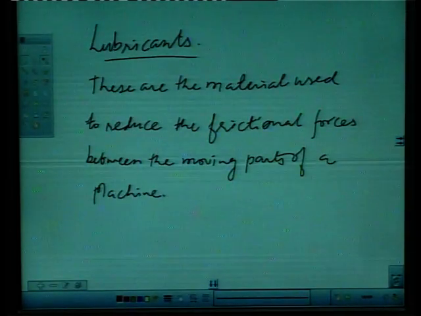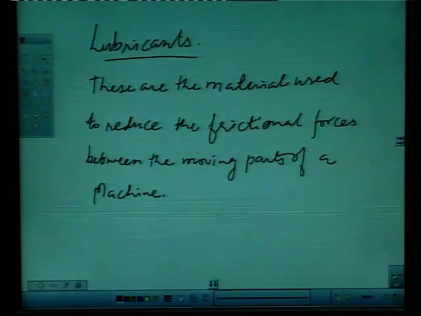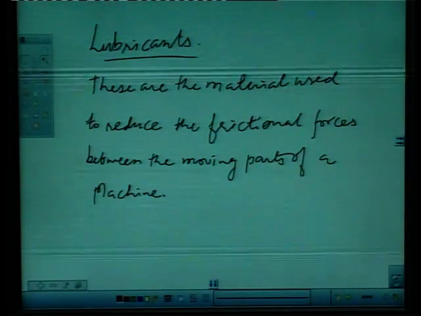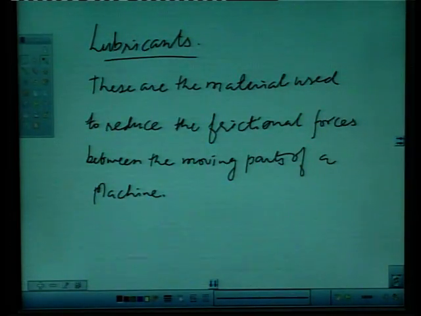So this is the definition of lubricant. When we use any substance that is used to reduce frictional forces, that is called a lubricant.